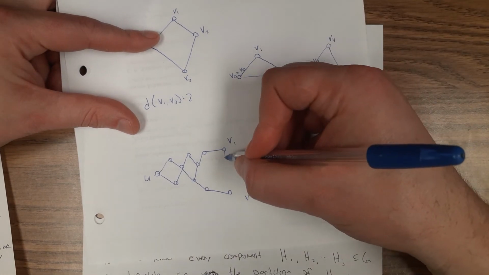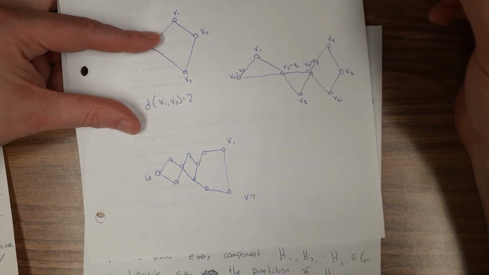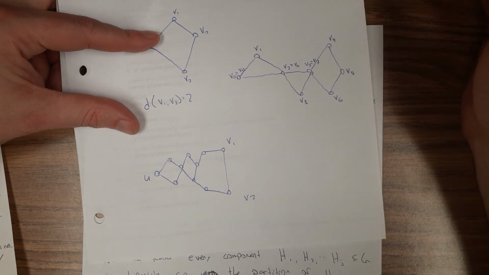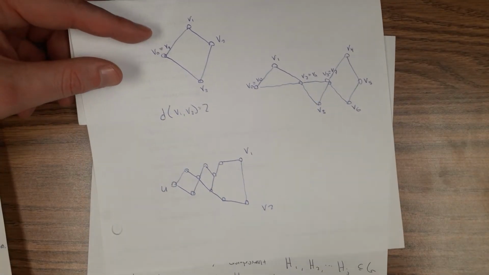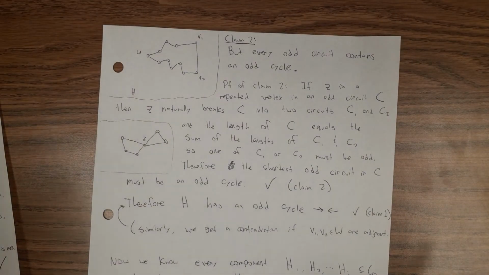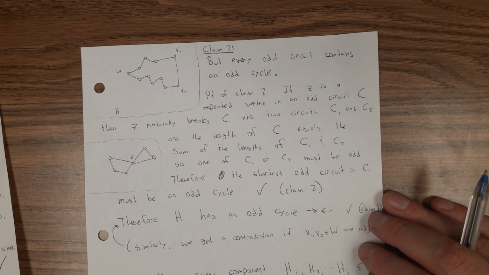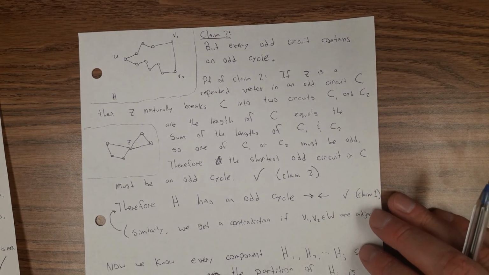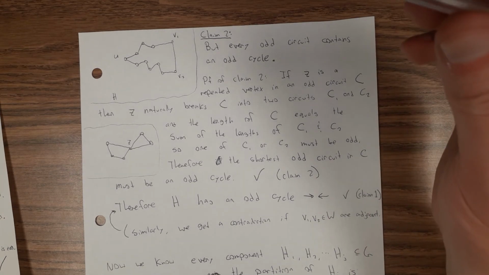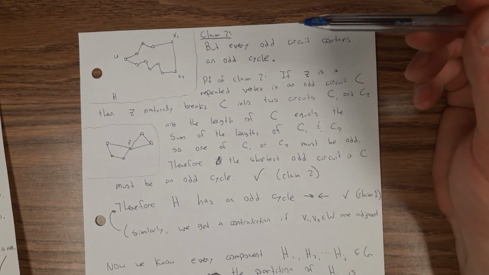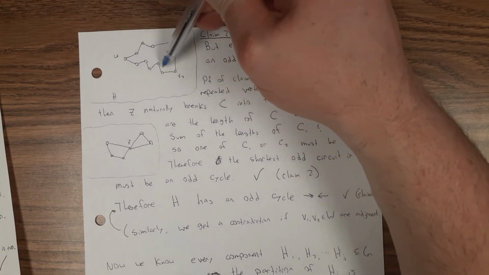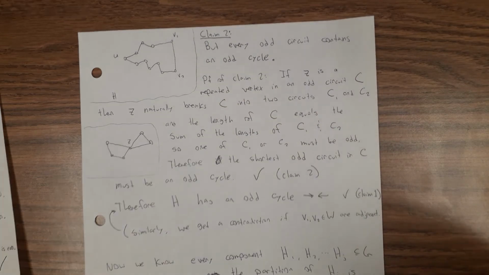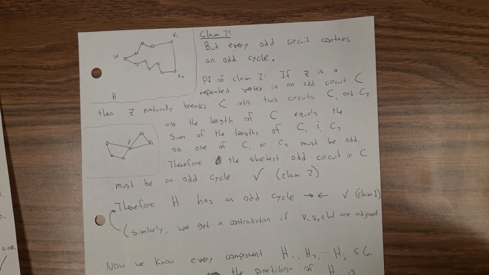Oh, I forgot to draw this edge because they're adjacent. But the point is that there's an odd circuit. I'm being careful about using the word circuit. So we have an odd circuit consisting of this geodesic and this edge. What I still need is to find an odd cycle.